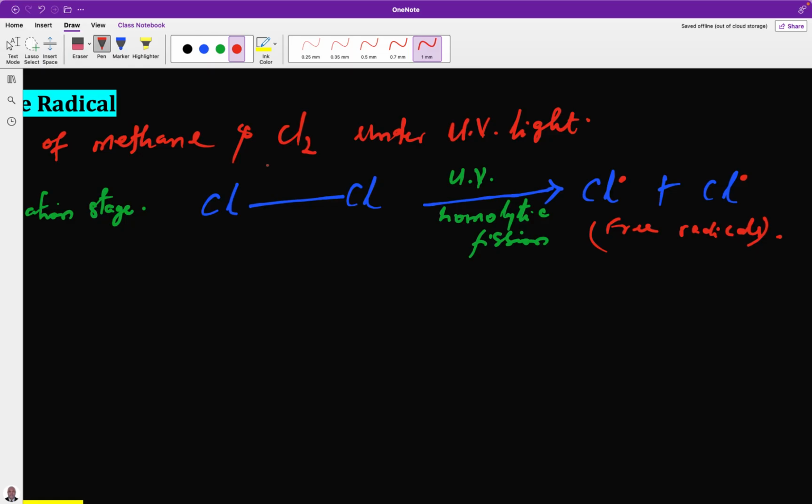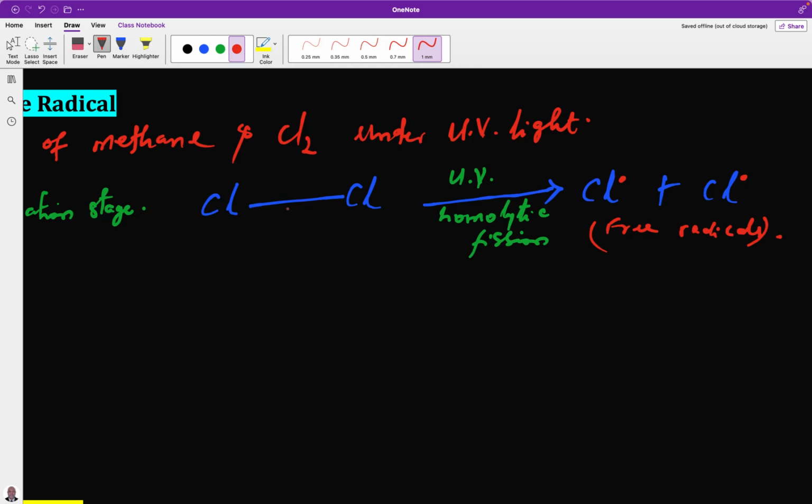For that reason, we need energy from sunlight to initiate this fission. When there is a breakage here, what happens? This chlorine atom goes with a single electron, and this other one goes with a single electron.